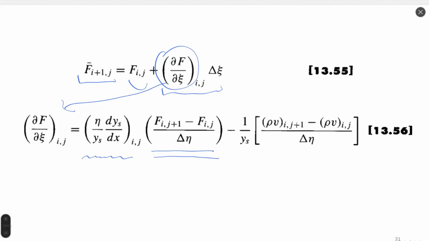And the second part, which is related to our transformation of coordinates, since we are calculating it according to the modified equation system, we also calculate this part here by forward derivative. We take parameters at the next point j plus 1 and at point j. In such a way, we calculate flux, flow rate, right?